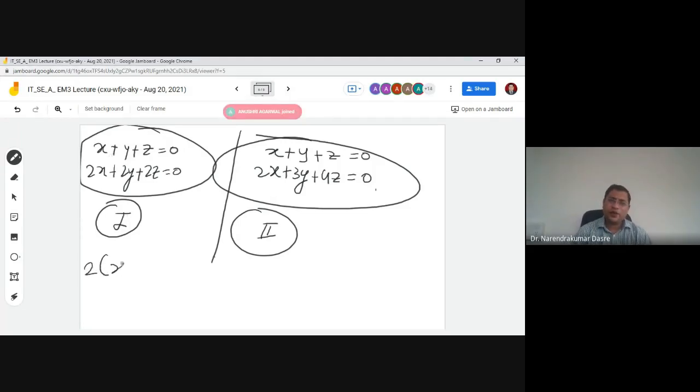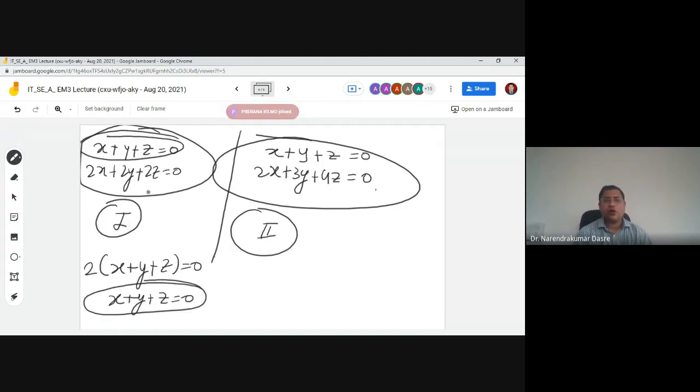It is the same equation, x plus y plus z equal to 0. It's just a scalar multiple, as you identified correctly. So here Cramer's rule will not be applicable.